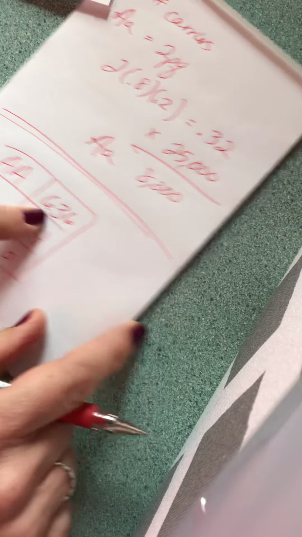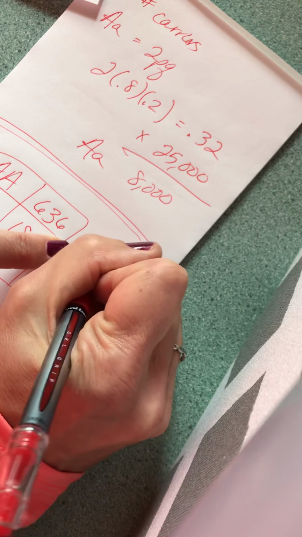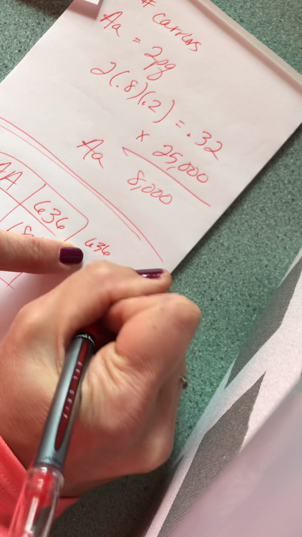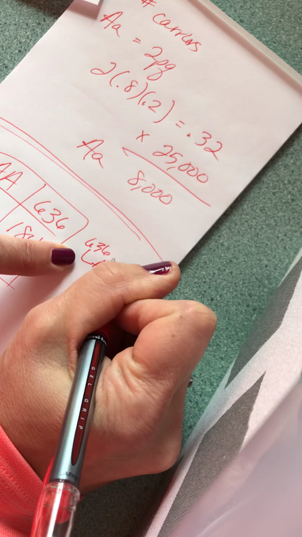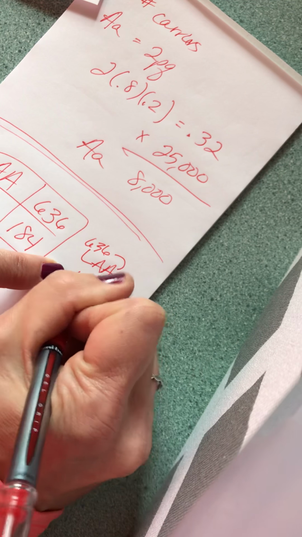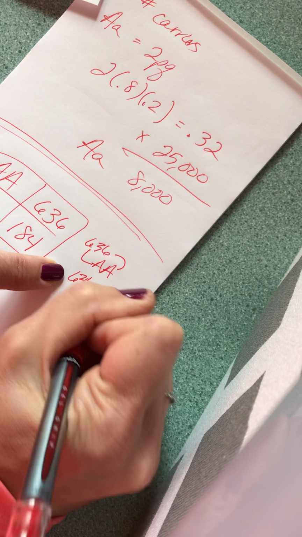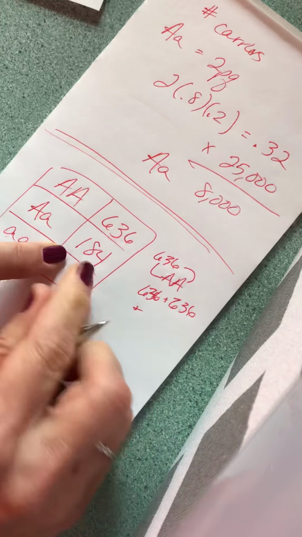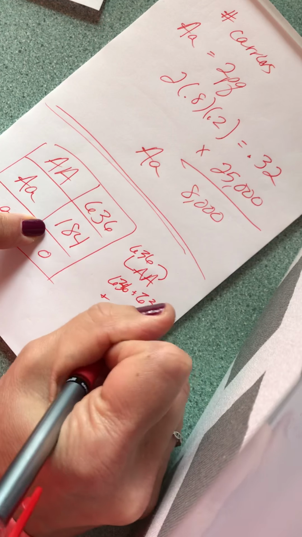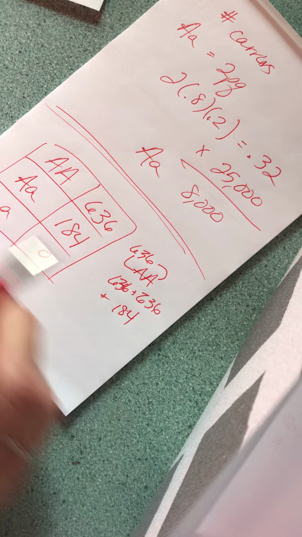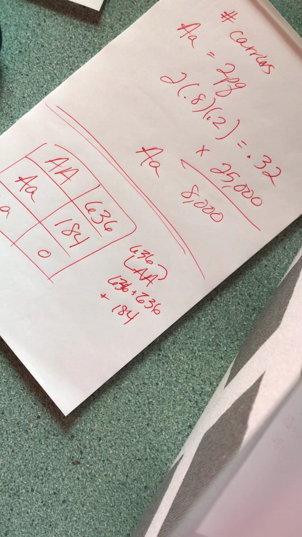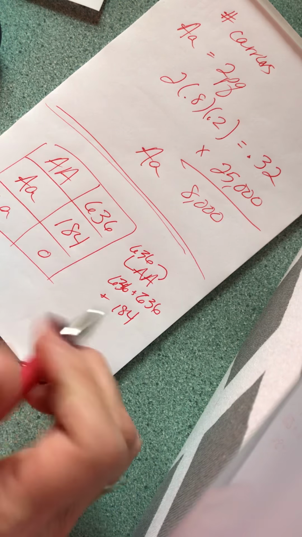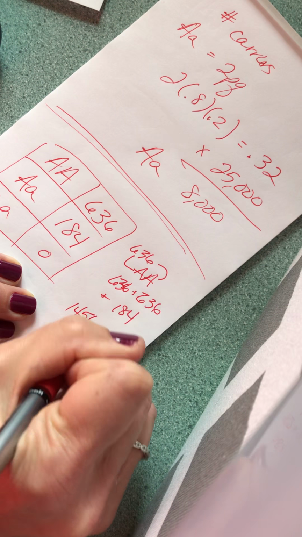So in a population, if I have 636 people that are big A, big A, that means there's 636 plus 636 for those big A's, plus these 184 also have one big A. So the number of big A's, 636 plus 636 plus 184, is equal to 1456.